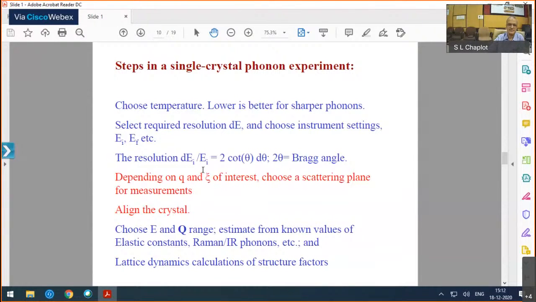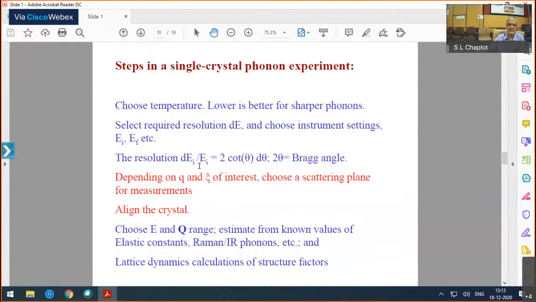For a monochromator or crystal analyzer, the energy resolution is 2 cot theta d theta. We worked it out. This is very simple. You have 2d sine theta equal to lambda, and if you differentiate it, then you will get d lambda by lambda equal to cot theta d theta. Lambda equal to 2d sine theta, so lambda is proportional to sine theta, and therefore d lambda is proportional to cos theta, and d lambda by lambda will be cot theta d theta.